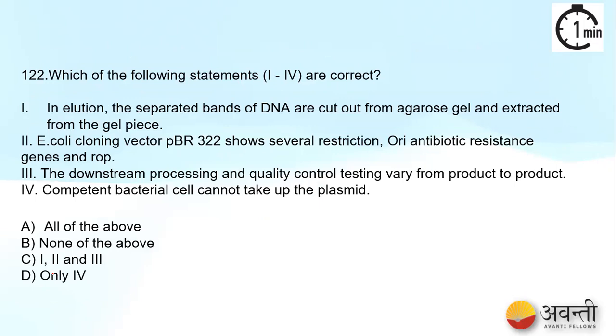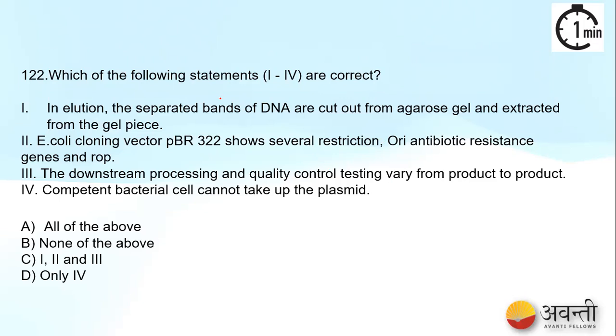The downstream processing and quality control testing vary from product to product. Next, a competent bacterial cell cannot take up plasmid. The options are: all of the above, none of the above, 1, 2, and 3, and D says it's only 4. So, question number 122, let's see which is our right option.